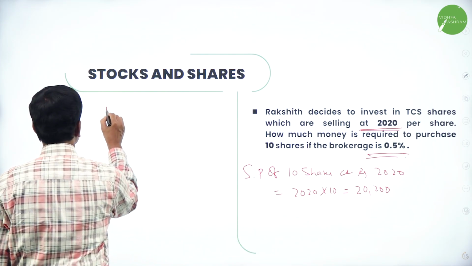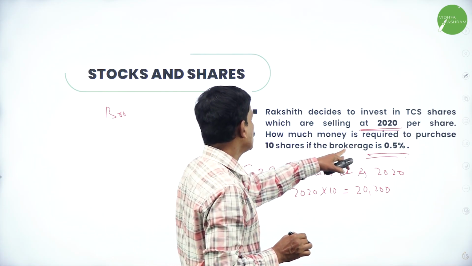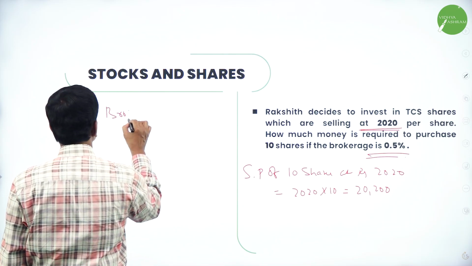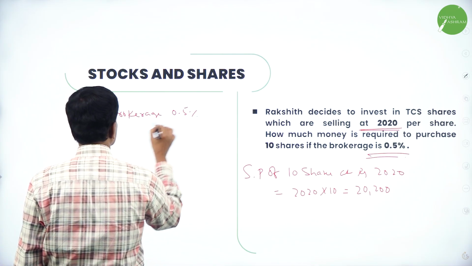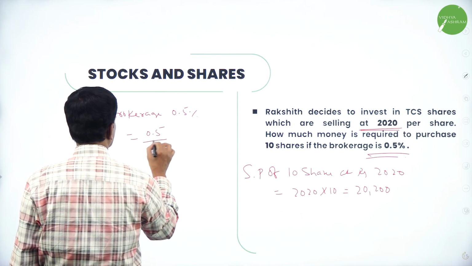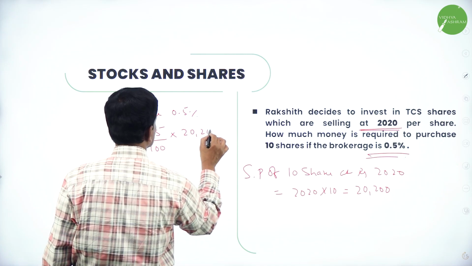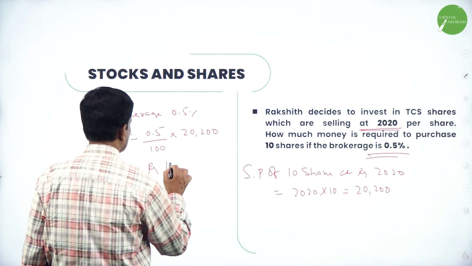The brokerage is 0.5%. That's equal to 0.5 by 100 into 20,200. This is equal to rupees 101.